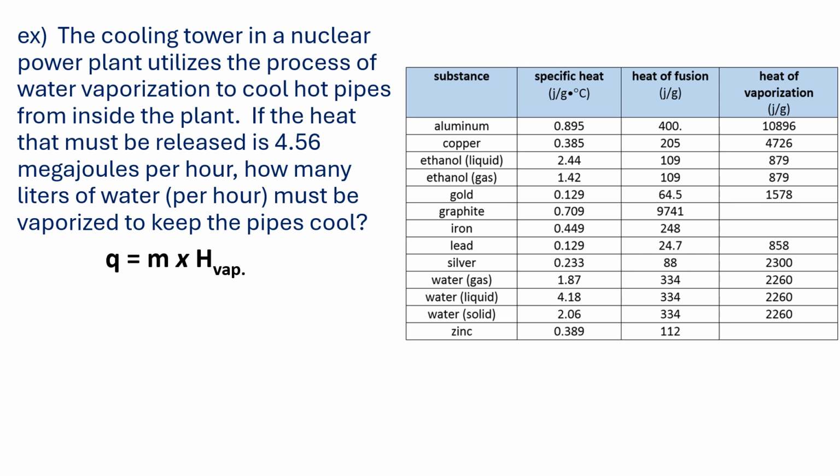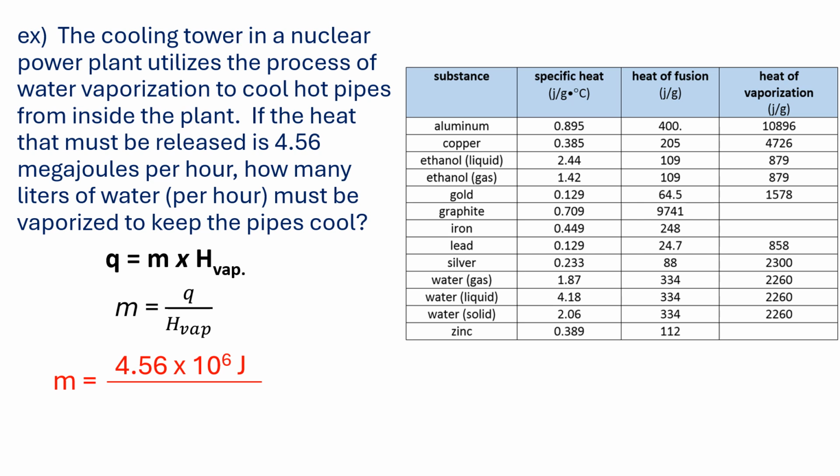Now if we think about this, we're solving for mass, because even though the question is asking for liters, we know that with water we can easily go from mass to volume because 1 gram is equal to 1 milliliter. So we rearrange the equation and we get Q over HVAP equals mass. And so if I plug in the numbers, notice I was given 4.56 megajoules.